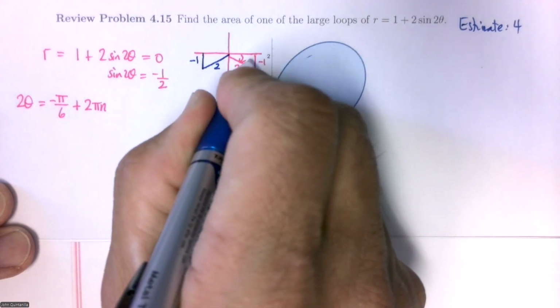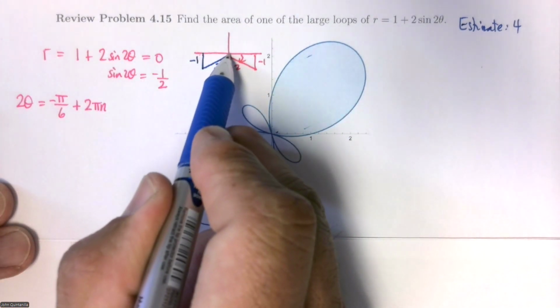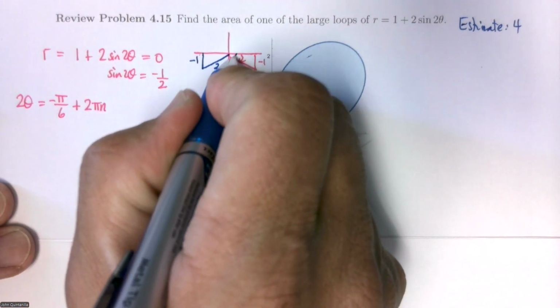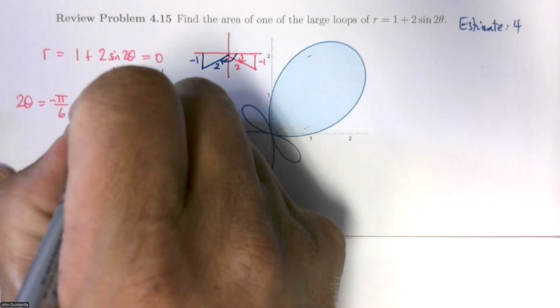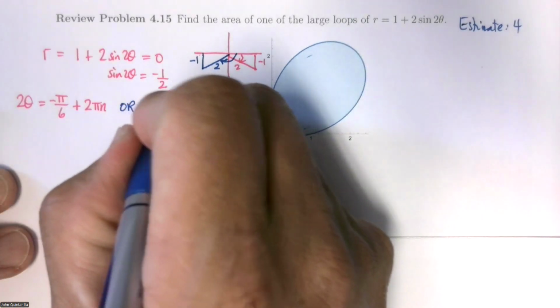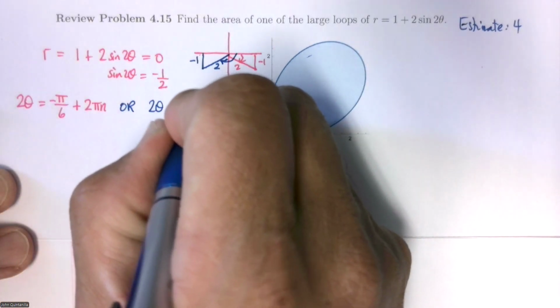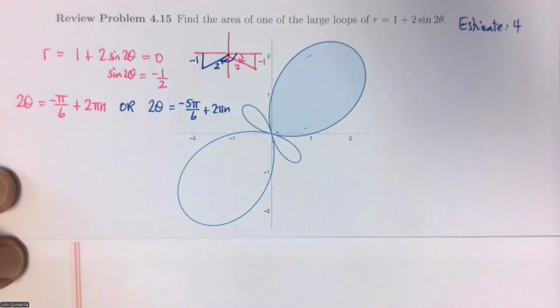If I reflect this picture over, here my y is negative 1 and here's 2, and this angle also corresponds to a sine of negative 1/2. So corresponding to the picture in blue, I could have 2 theta equal to negative 5 pi over 6 plus 2 pi n. Those are my two options.